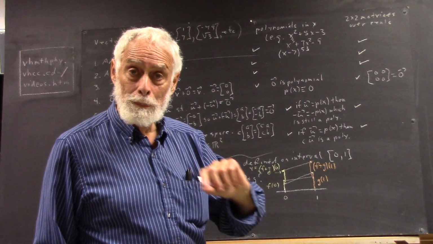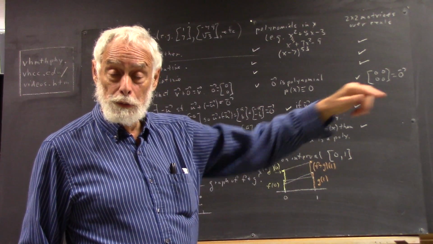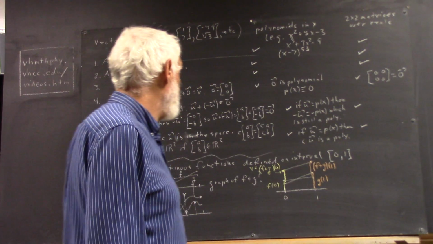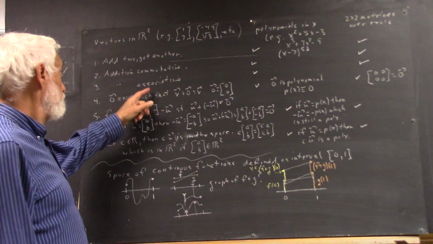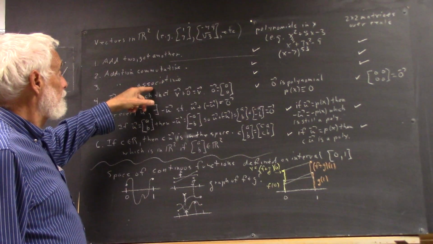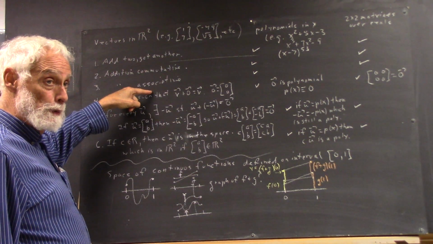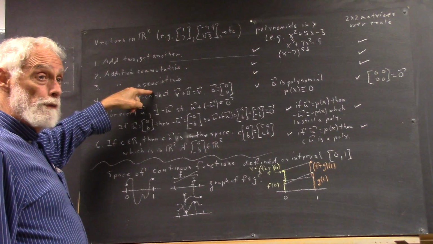For each row, I'm just adding real numbers. Doesn't matter how I group them. So, again, this space, this system of vectors, inherits the associative property of addition from the real numbers.